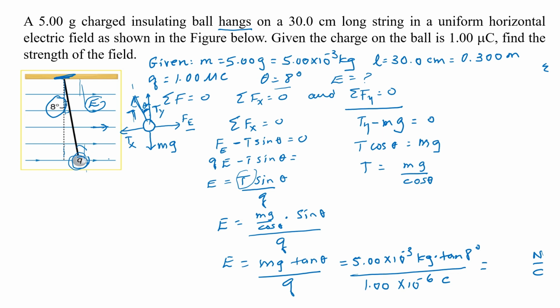Alright, so 9.8 is missing here, the gravitational acceleration, times 9.80 meter per second squared times tan of 8 degrees.